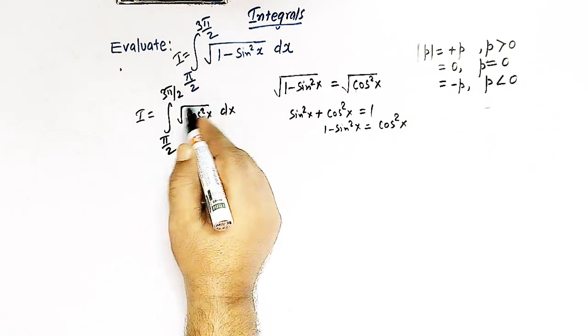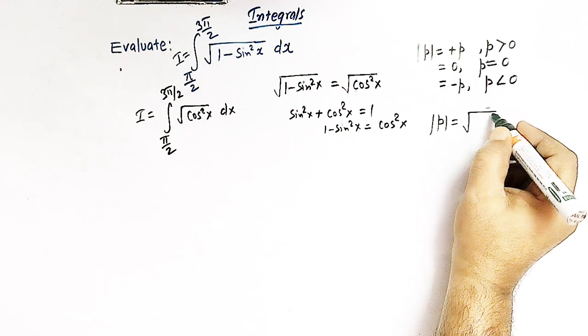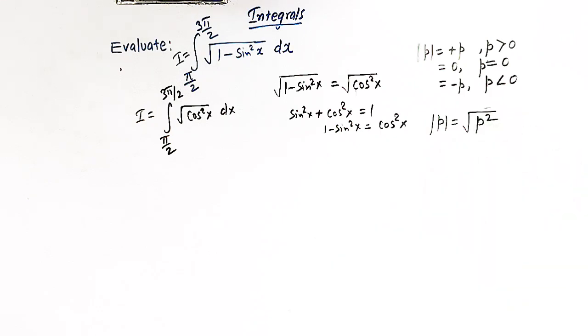Okay, so now see, the mod function is also defined as square root of p square, right?